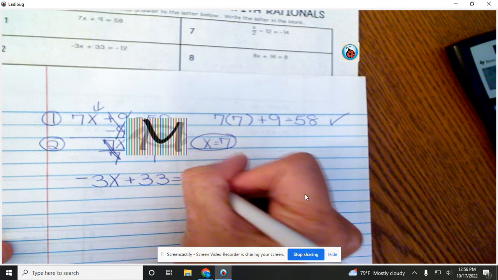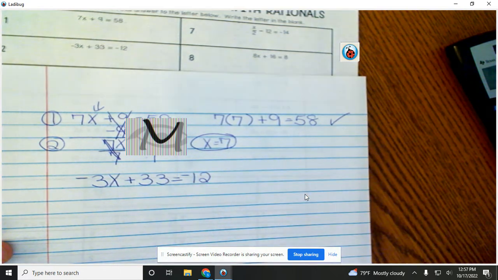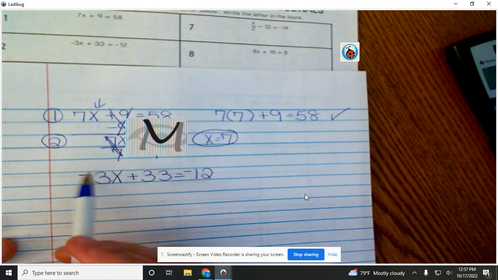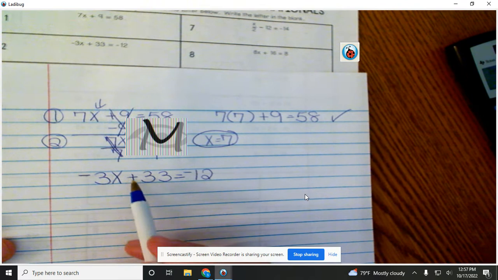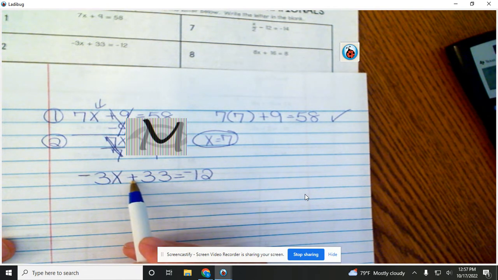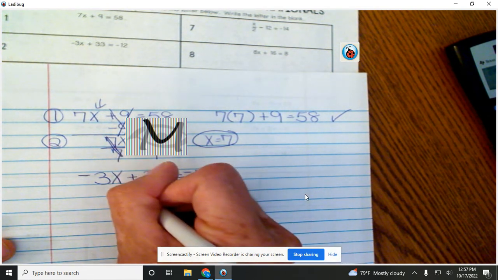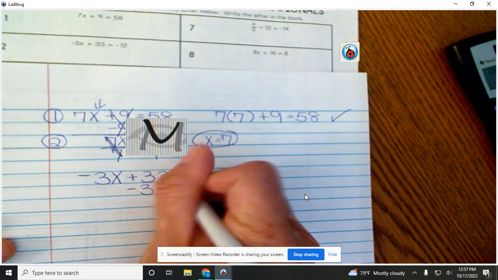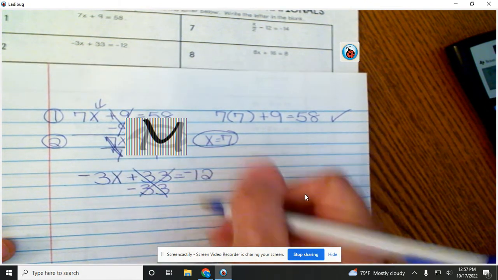Our ultimate goal here is to get x by itself, but make sure that you're not forgetting this negative sign. If I have a positive 33, I need to get rid of the positive. So what is the opposite of positive 33? Minus 33. So that is going to get rid of that.